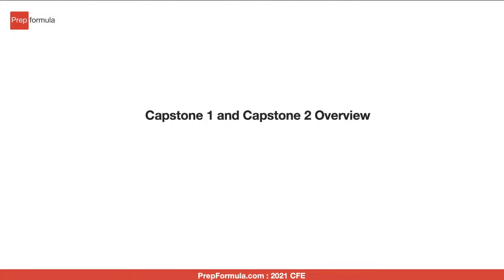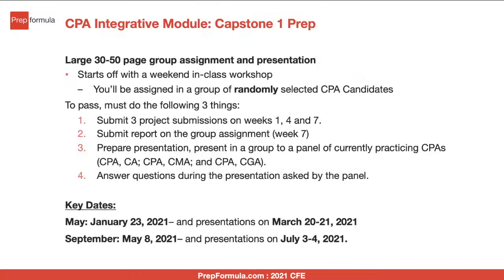So the idea is, generally speaking, most candidates in the process, right? So there's about 7,000, 10,000 writers, okay? Most of them will go through Capstone 1, and then go through Capstone 2. What I want to talk about today, at least to start off, is what is Capstone 1, what is Capstone 2, and walk through some key dates so you have all this stuff planned in your schedule.